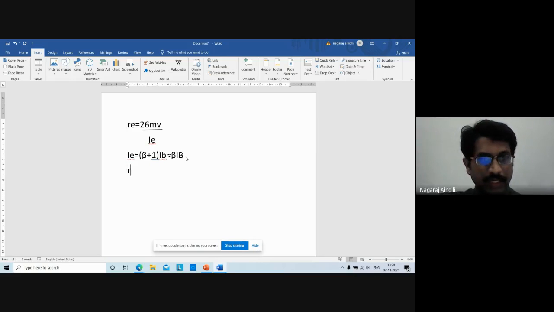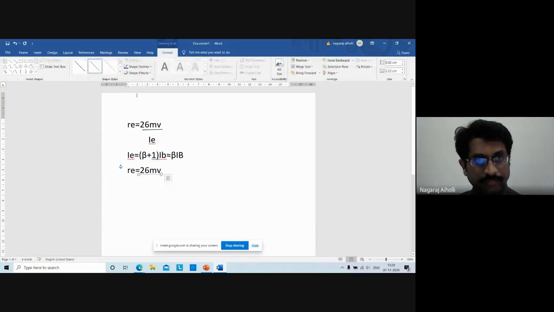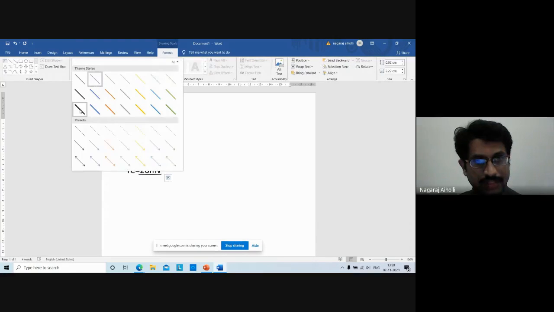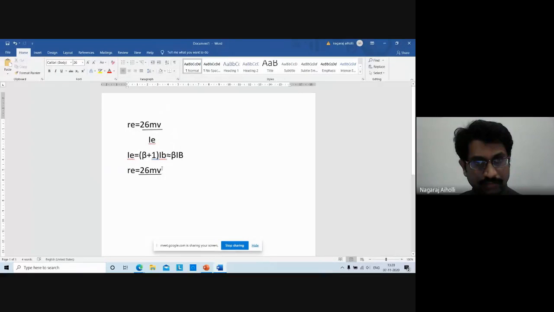That means re will be equal to 26 millivolt divided by what we have in the denominator? Yes, beta IB.